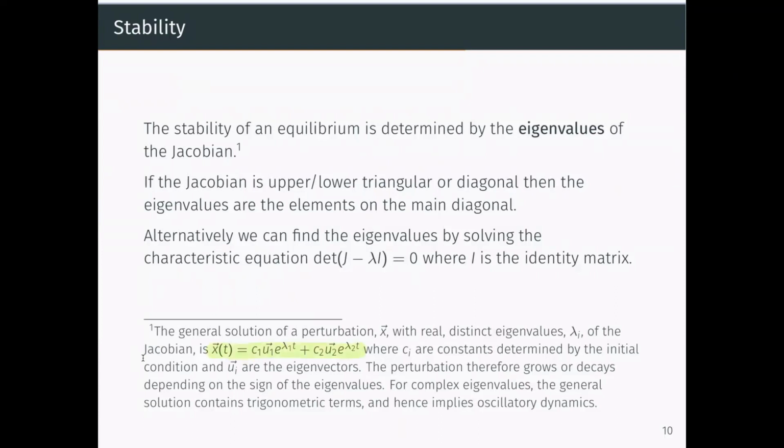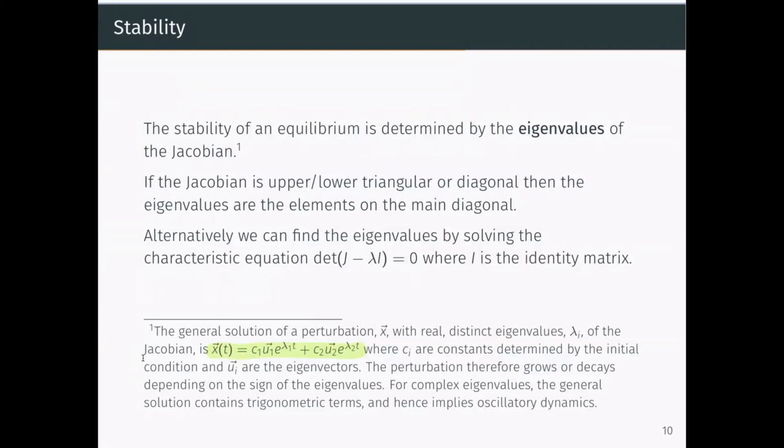This is saying if we have eigenvalues λ1 and λ2, then our perturbation will grow exponentially or decay exponentially according to this equation here, if they are real and distinct eigenvalues. It's a little bit more complicated if they are repeated real eigenvalues or if they are complex conjugates. When they are complex conjugates, we end up with trigonometric terms in our general solution, which tells us that we're going to have oscillatory dynamics.